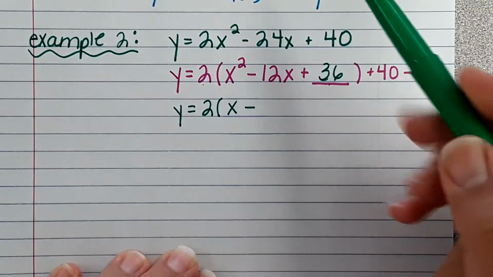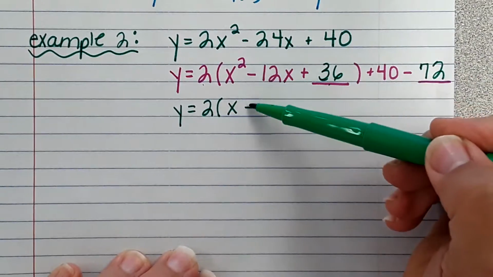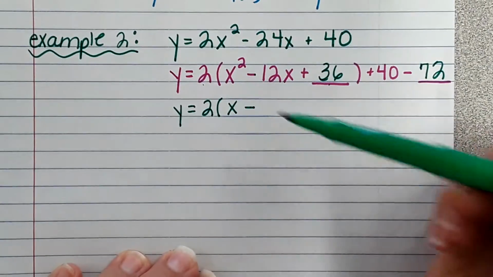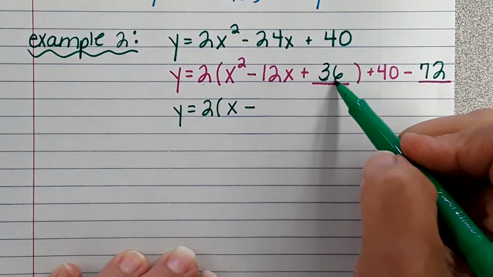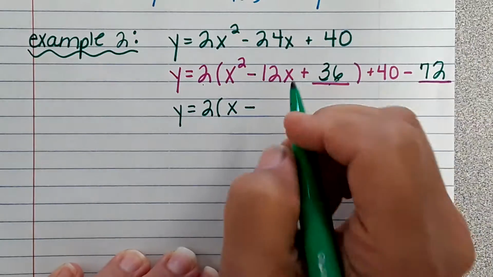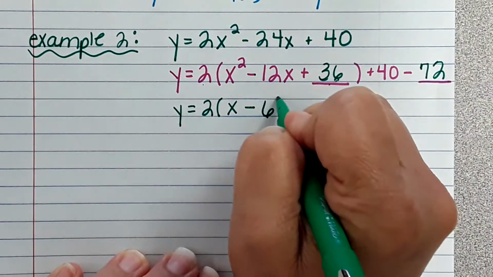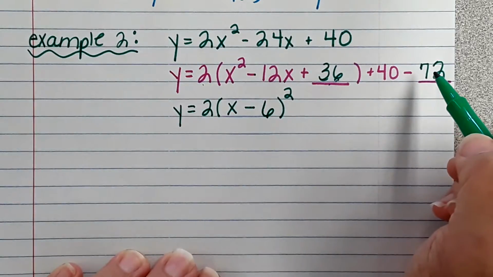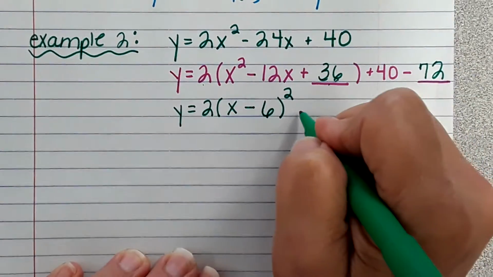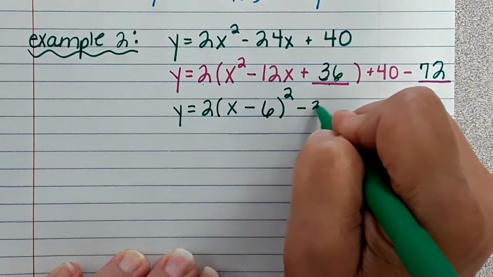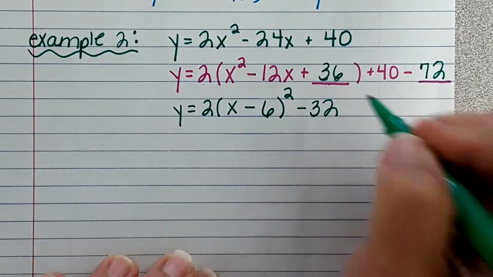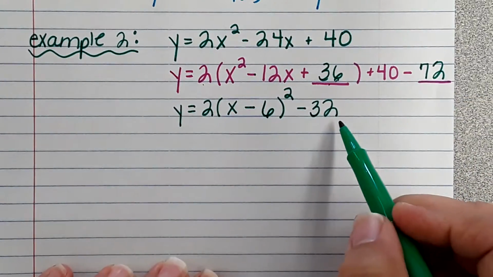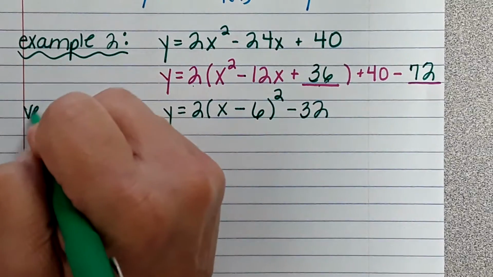The reason I know this is minus is because this sign tells me. So if this is minus, this is minus. I'm going to take the square root of 36, which is 6, and square it, and then I'm going to do 40 minus 72, which is negative 32.